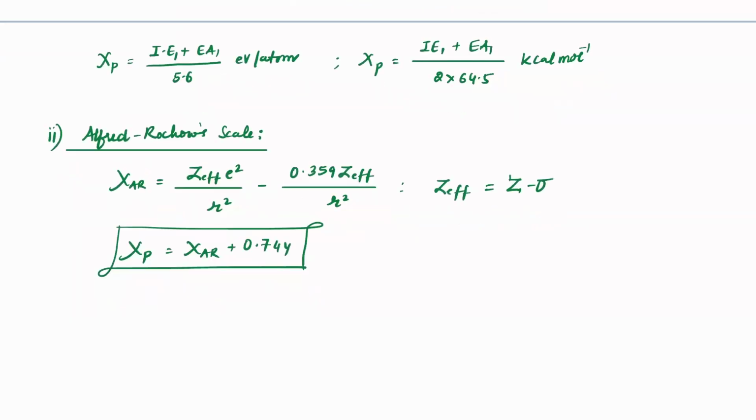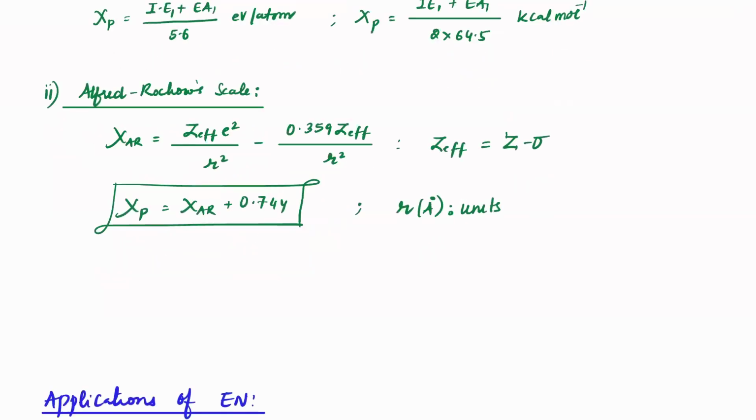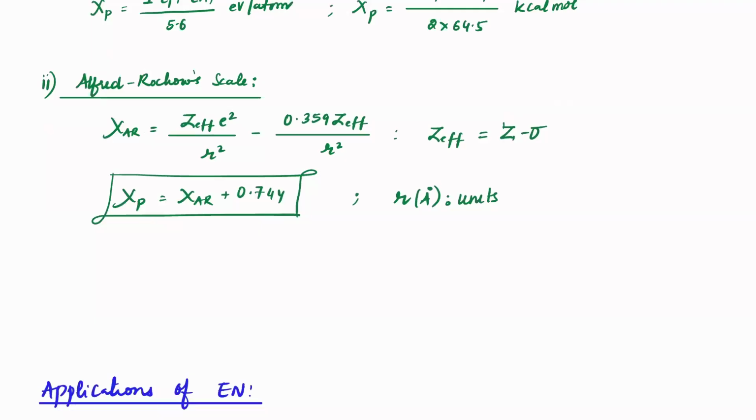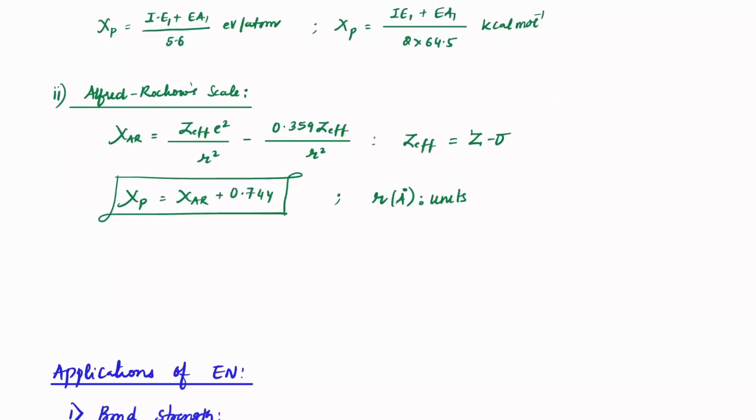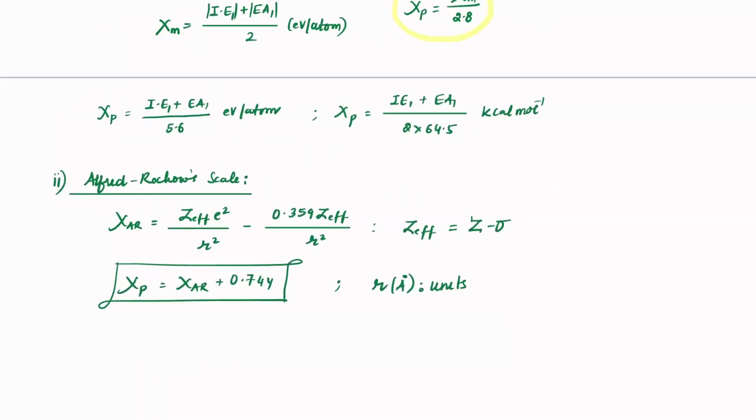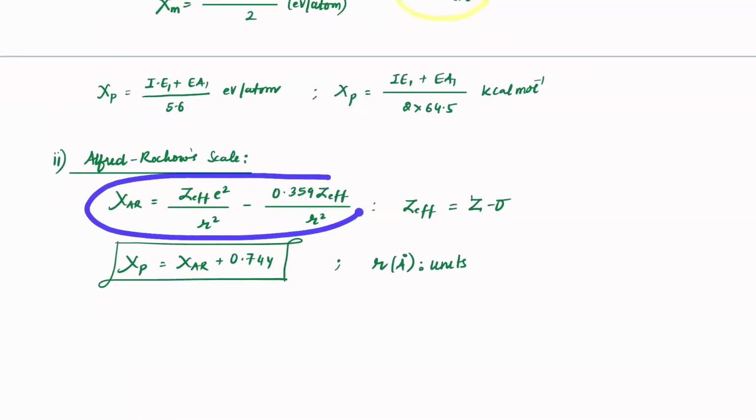Got it? Now see, when it comes to units, you should always take the r units in Angstrom while calculating here. All right. These are the scales of electronegativity that might be used. Again, the Rochow scale is not directly used as a formula, guys, but you need to remember this part.